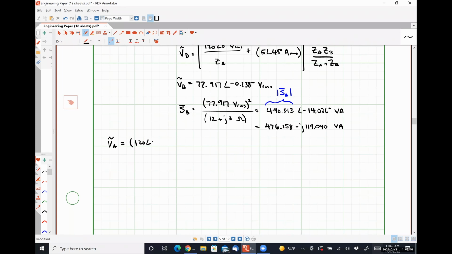So we're going to have 120 angle 0 degrees volts RMS minus 77.917 angle negative 0.238 degrees volts RMS.